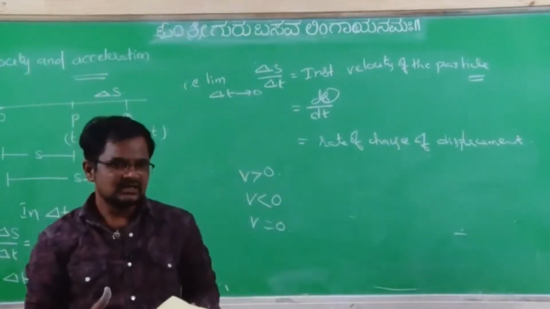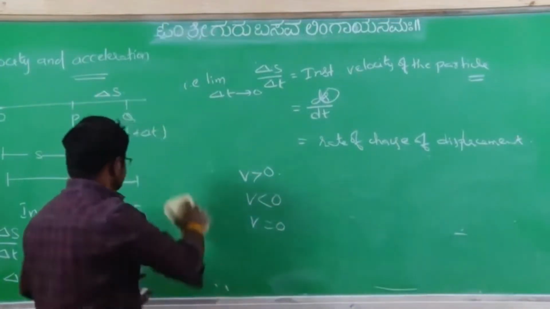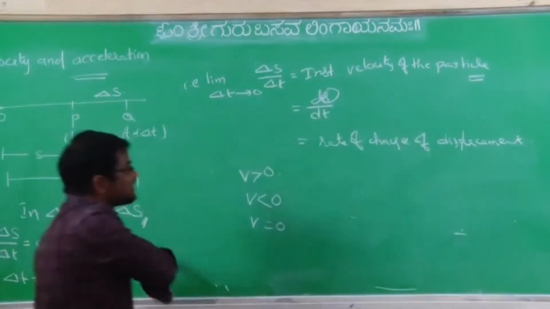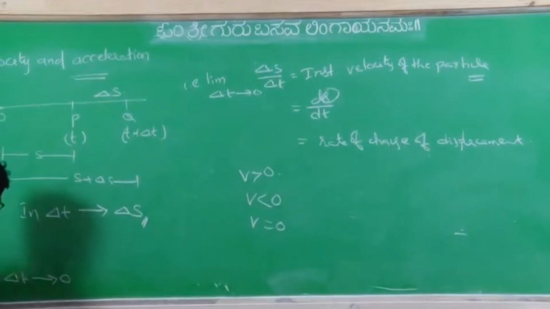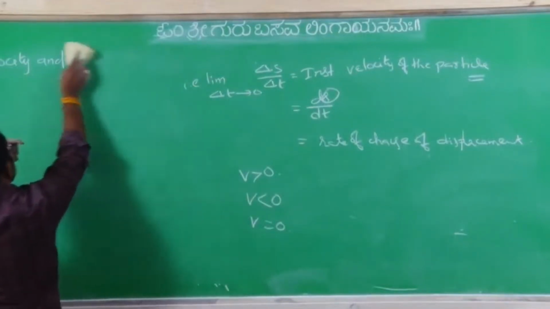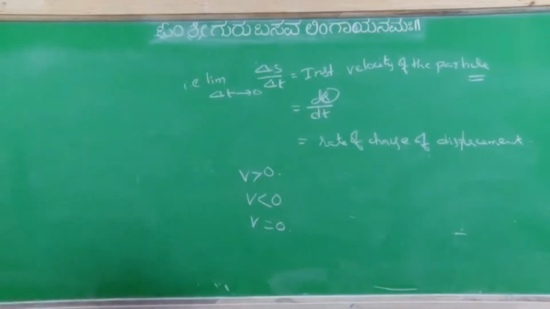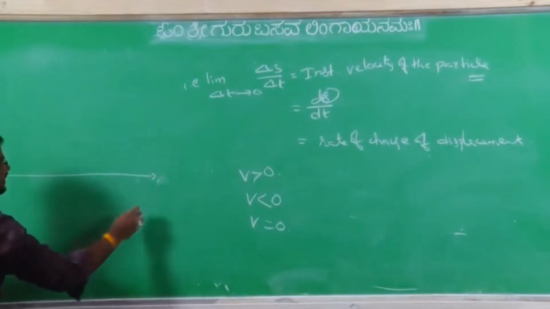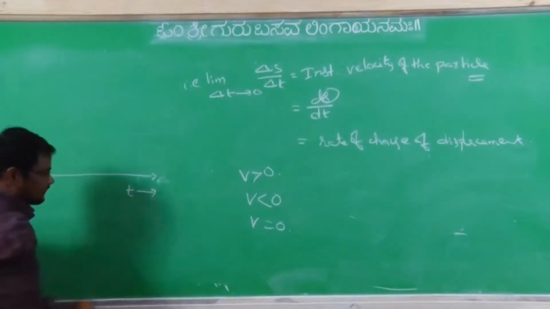velocity equal to 0. Next, suppose we explain this in terms of physics, so how to get it? Same as the previous one. Here I am taking time.